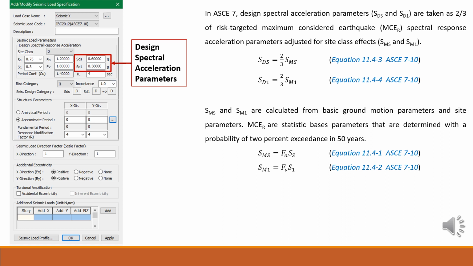SMS and SM1 are calculated from basic ground motion parameters and site parameters. MCER are statistically based parameters that are determined with a probability of 2% exceedance in 50 years.